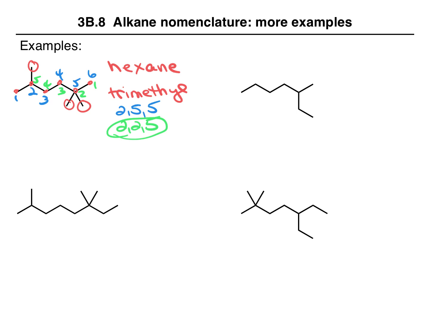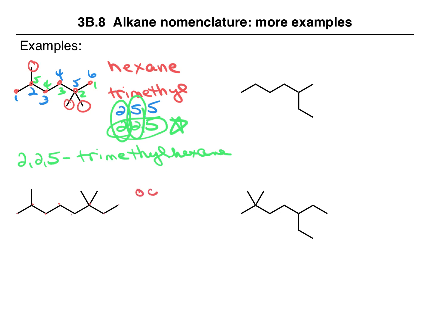So if this is 2, and then here we have 2 and 5, this is where we focus. So this compound is 2,2,5-trimethylhexane.